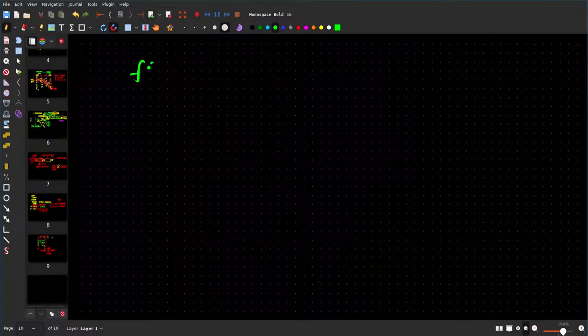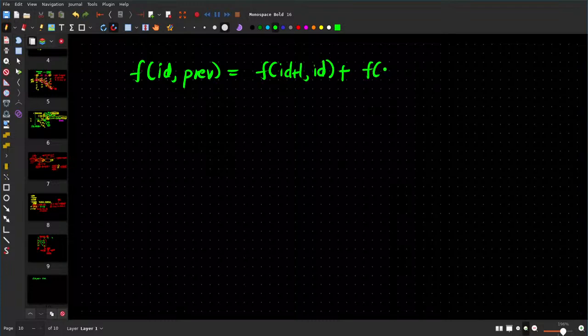We wrote that f of ID, and for now I will use the previously chosen index as previous, is f of ID plus 1, ID, or f of ID plus 1 and previous. Perfect. So this is the recurrence relation in top-down format.